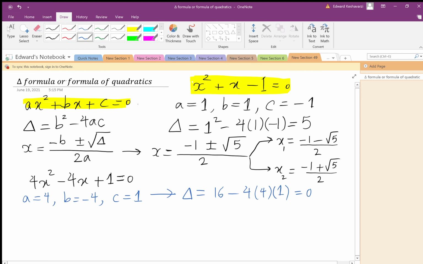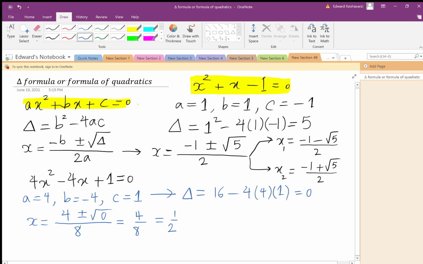So 16 minus 16 equals 0. Therefore, delta is 0. And then I'm going to use the formula for x. x equals negative b, which is 4, plus or minus square root of 0 over 2a, which is 8. Therefore, the final answer would be 4 over 8, which is 1/2. So since delta equals 0, we have one single solution.